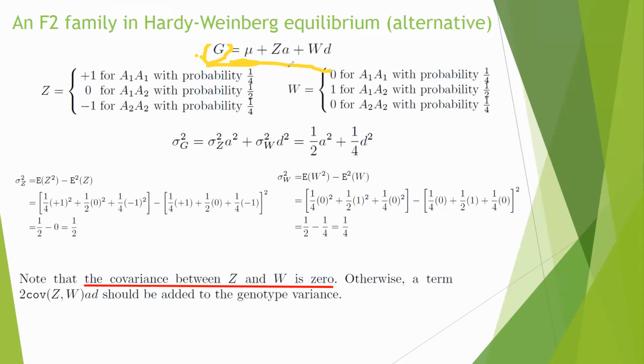That's the additive part, and that's the dominance part, for any locus. And we use this random variable to represent the three genotypes associated with either the additive effects or the dominance effects. I'm going to move slowly here because this is very important.